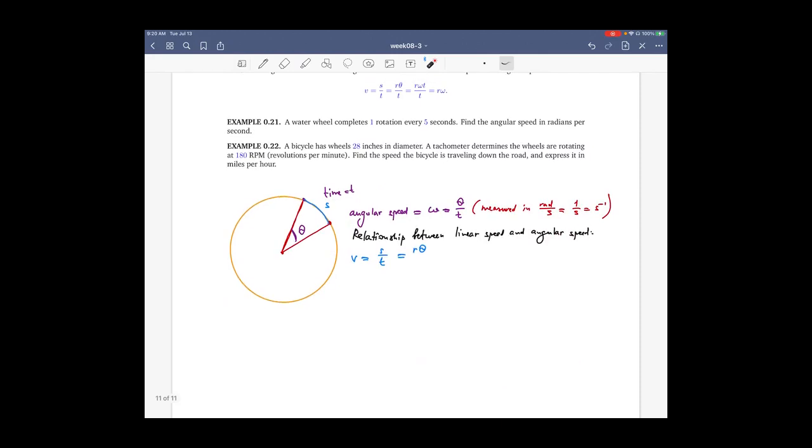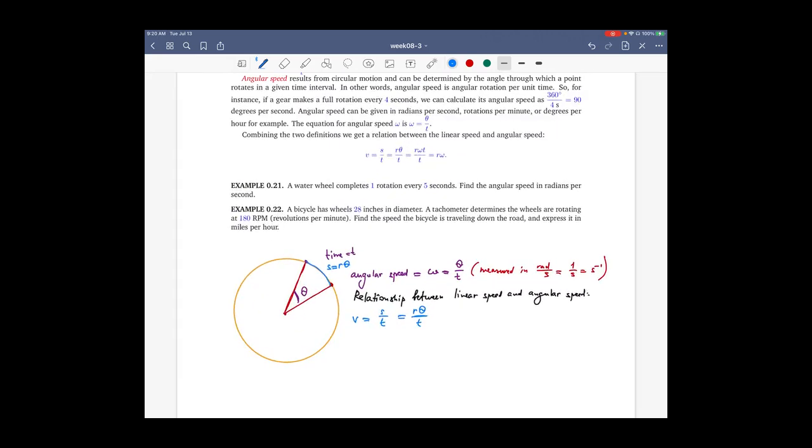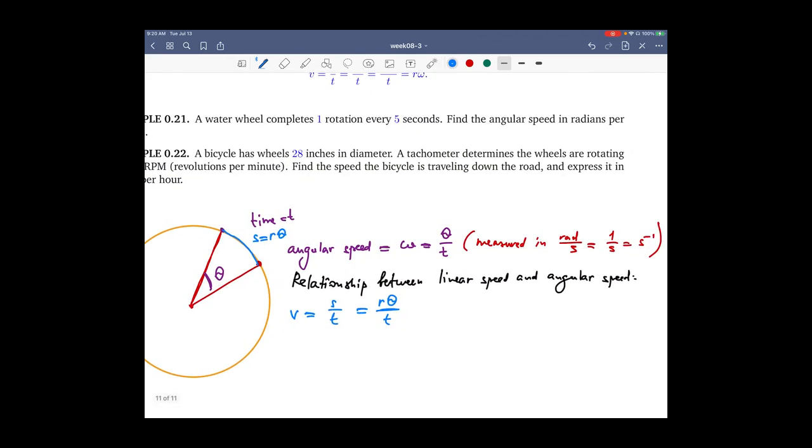So here we have our length S as r times theta. Well, from this formula, theta is omega times t.